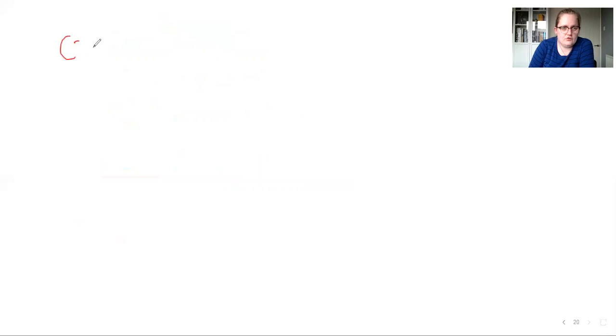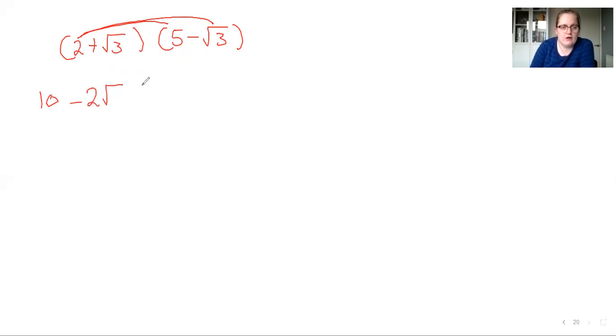Got 2 plus root 3, 2 plus root 3, and 5 minus root 3. So what's going to happen here? Same again. So 2 multiplied by 5 will give you 10. 2 multiplied by negative root 3 will give us negative 2 root 3.